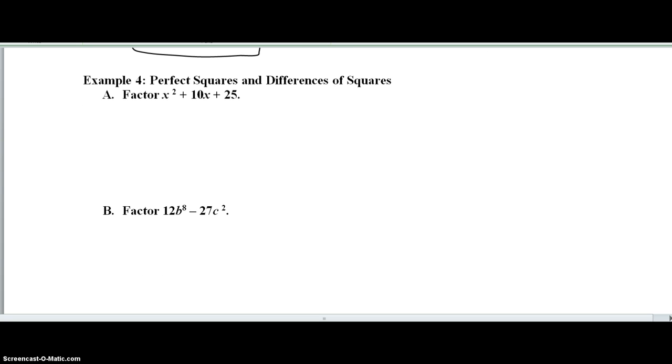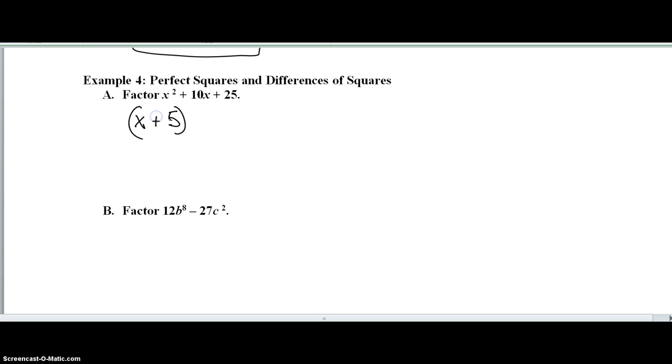Alright, the last two examples we got here are working with perfect squares. So remember, from the first page, we had the difference in perfect squares, and we had perfect square trinomials. We can use our method from the first page. I don't have time to flip up, but what we're going to do is the square root of this first term is x, and the square root of this last term is 5.